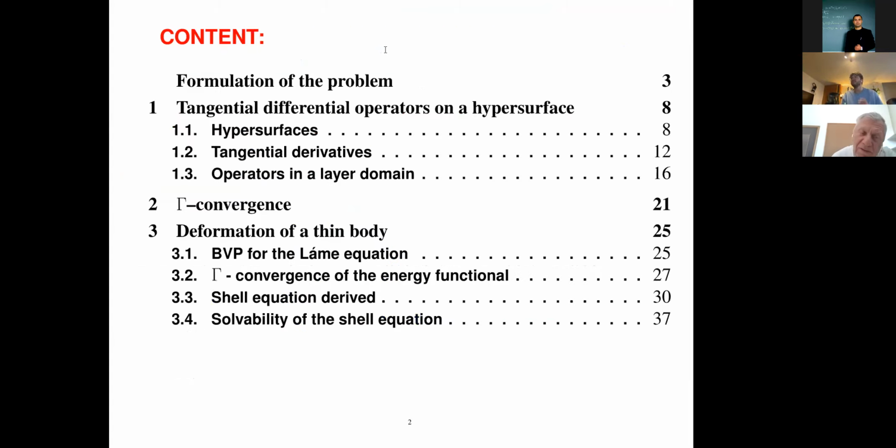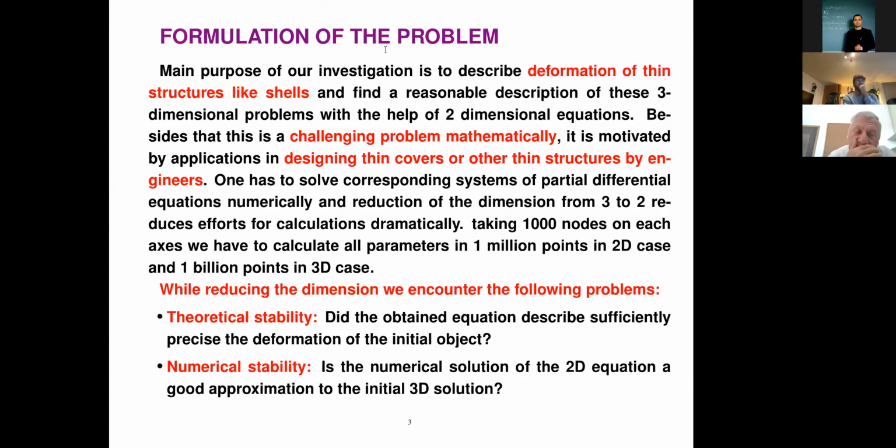I will start with the definition of some calculus of tangential differential operators, which is a tool in this case to solve this problem of gamma convergence and deriving shell equations with the gamma convergence. What is the main problem here?